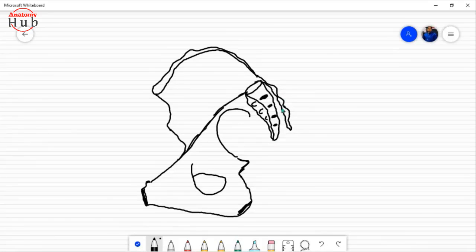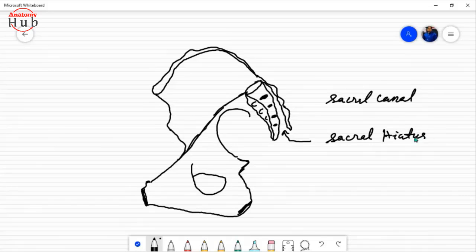So this canal is known as your sacral canal, like your vertebral canal, and here you can see there is a hiatus forming over here, right? Or the gap that is forming over here. So this gap is known as your sacral hiatus.